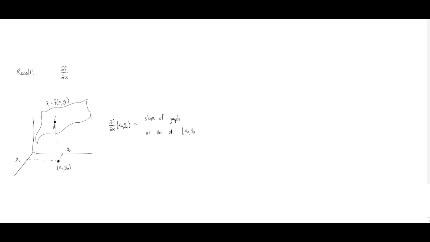Which is x naught, y naught, and the z coordinate would have been the function evaluated at this point, which we sometimes denote as z naught, okay? But it was the slope of the graph at this point if you were moving in the positive x direction. Okay? And similar for the partial derivative of f with respect to y, it would be the slope at this point if you were moving in the positive y direction. Okay?